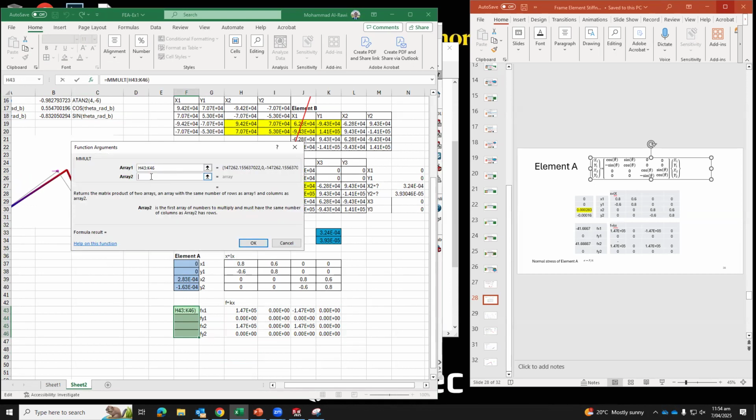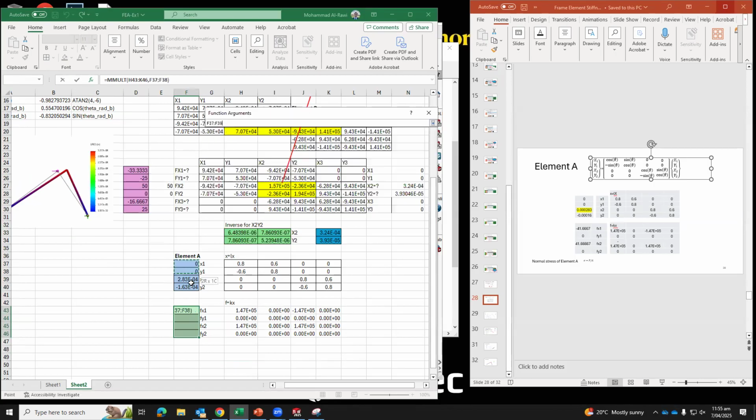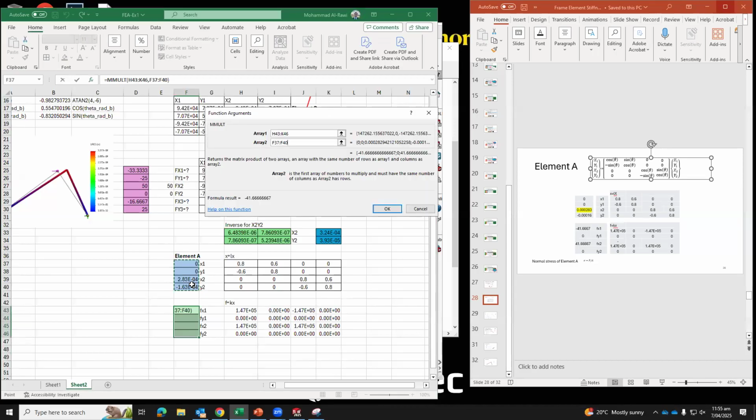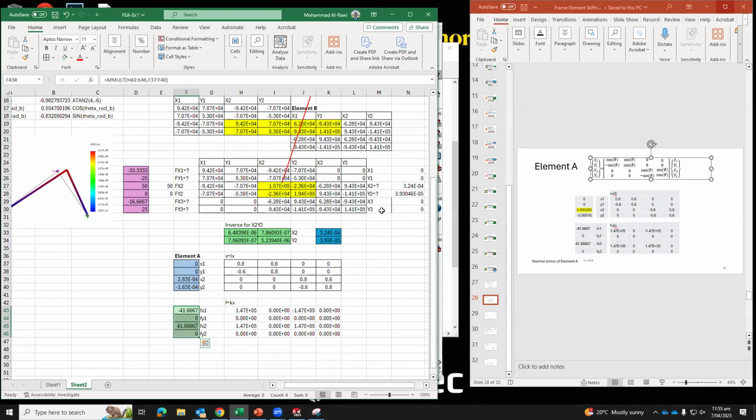And the second one will be the one we just calculated from the X displacement. And then you click OK. Would give us the following values: 41, minus 41.66, and 0 and 41.